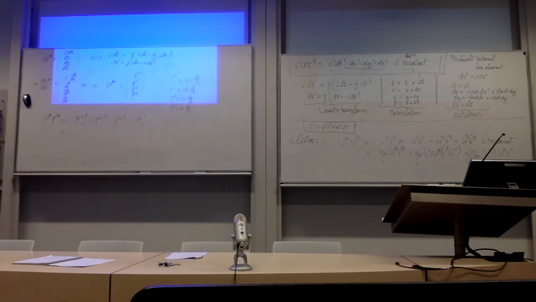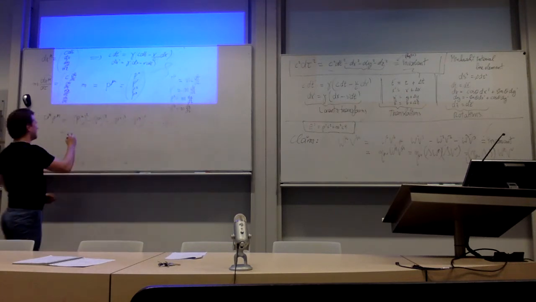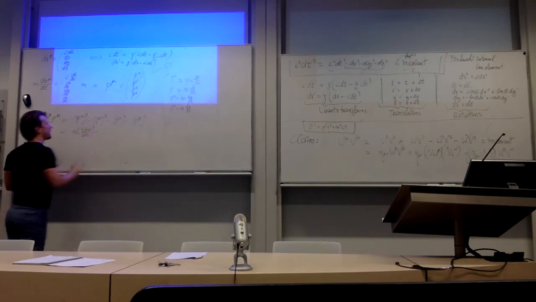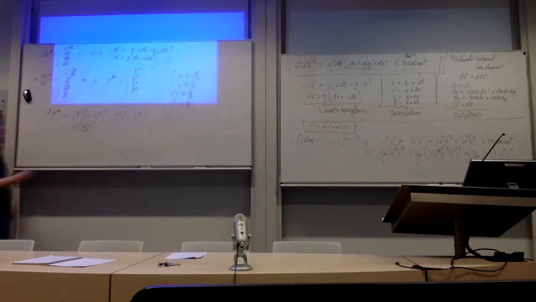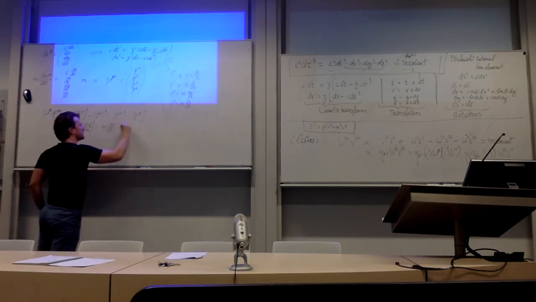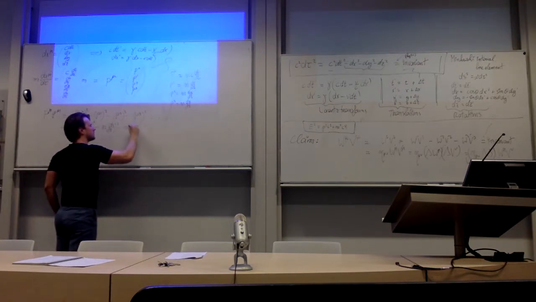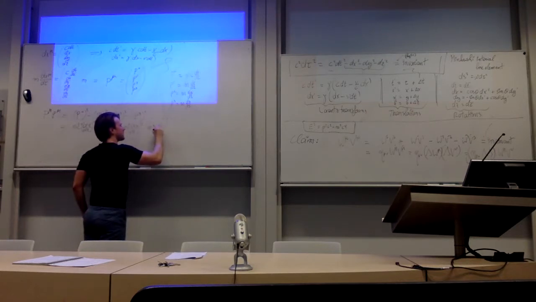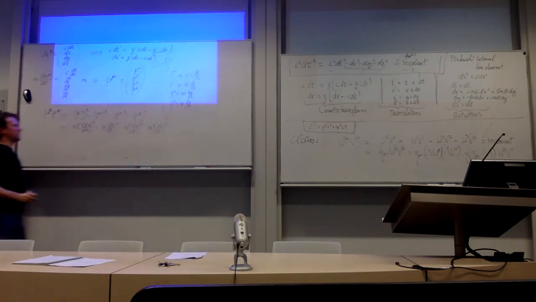P0, that's this thing. M squared. I just plugged in what the individual components are.